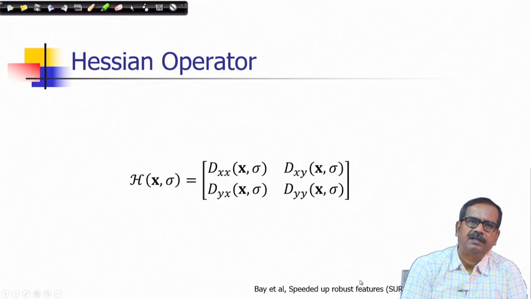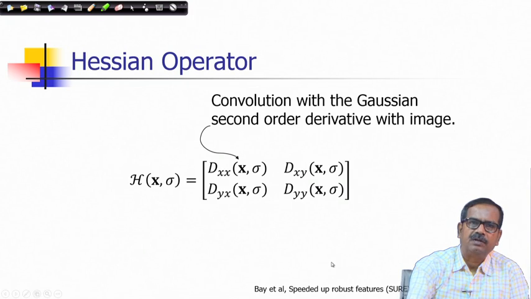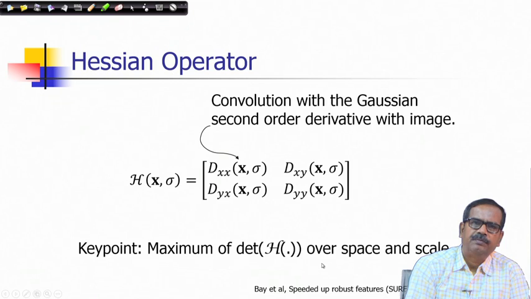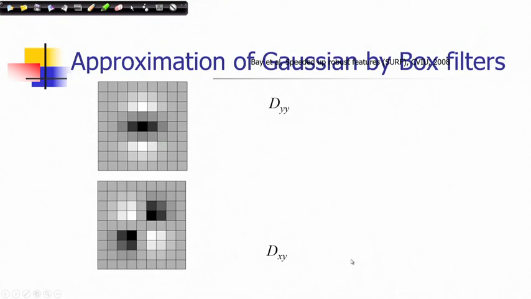This is the Hessian operator that we have discussed, the convolution of Gaussian second order derivative with images, but this is replaced by a box filter in the SURF case. The key point is the maximum determinant over space and scale. This is an approximation. You can see in this picture how the box filters look.